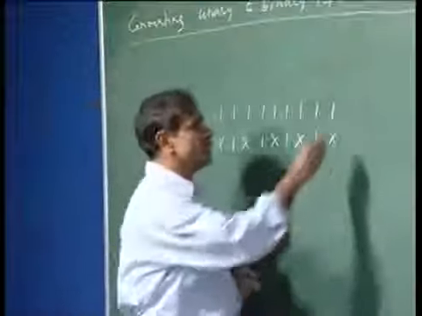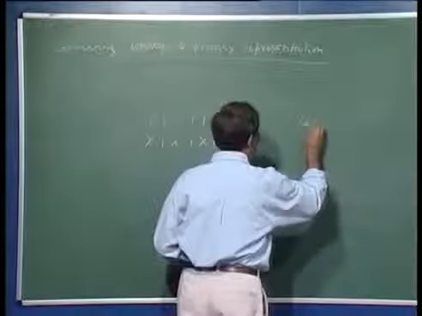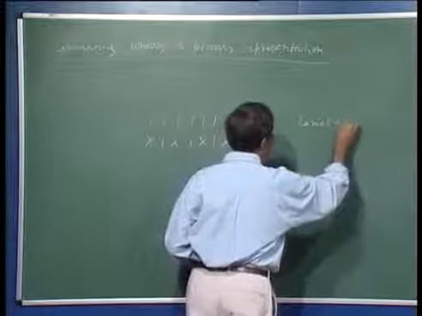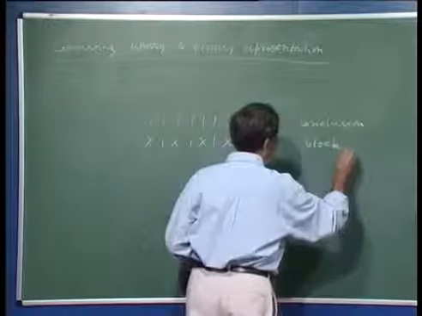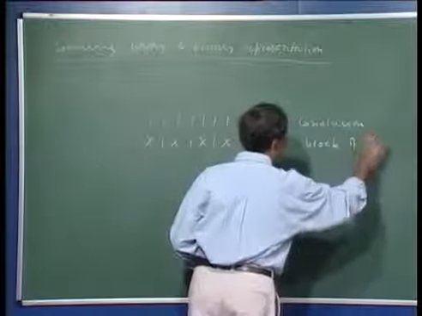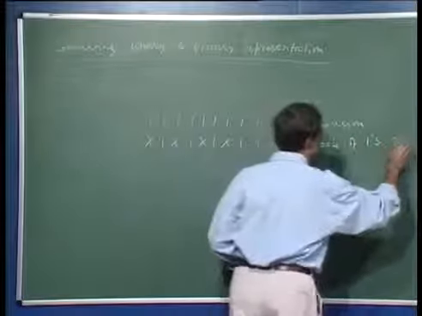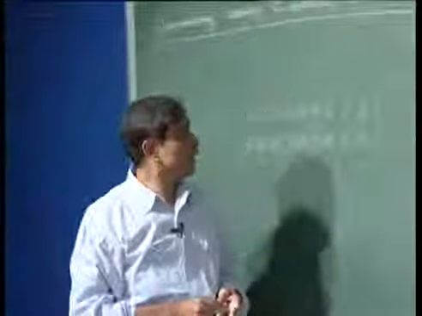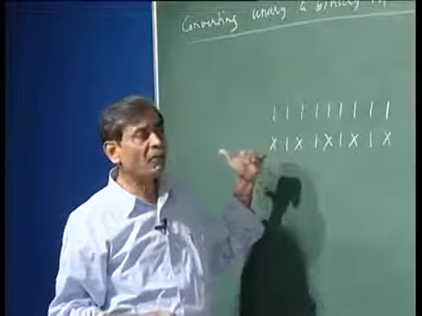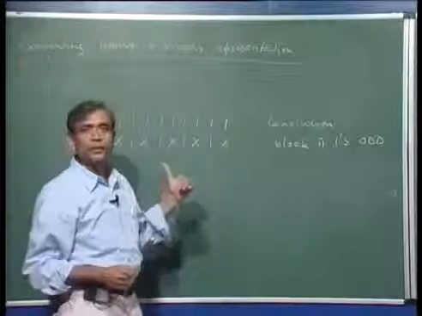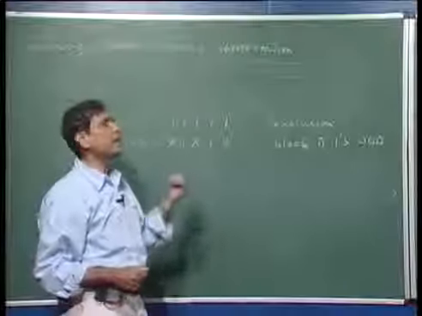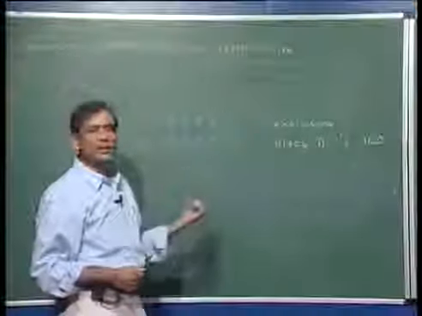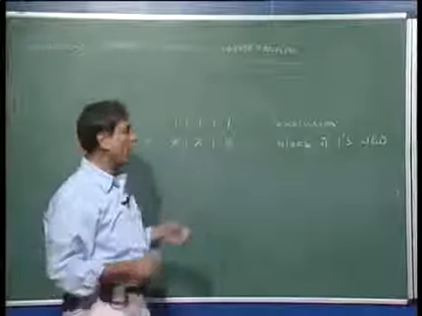So, we know that this is odd. Another way of saying it: the conclusion in this case is that the block of ones is odd. But if we have a block of ones which is odd, that means what? That if we divide by 2, the remainder is going to be 1.